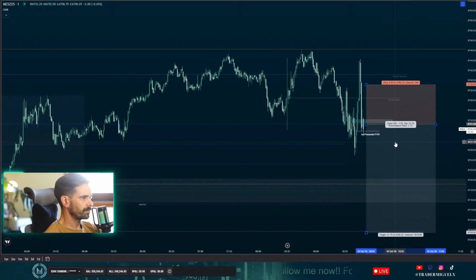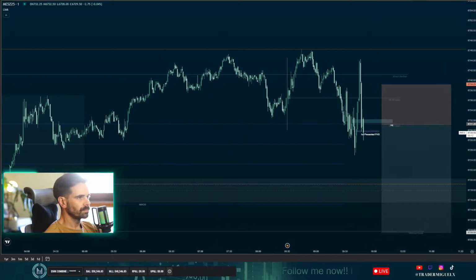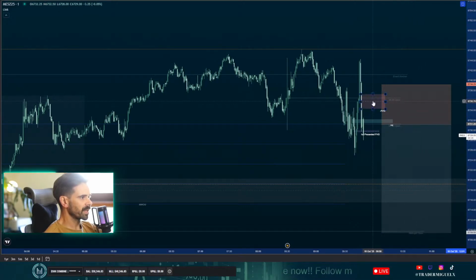There we go. Bearishness is being respected as well. So we have this bearish fair value gap.